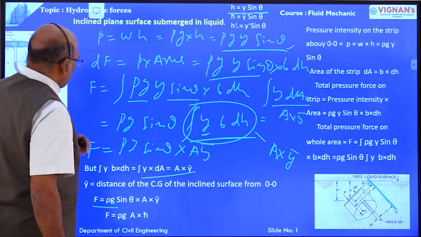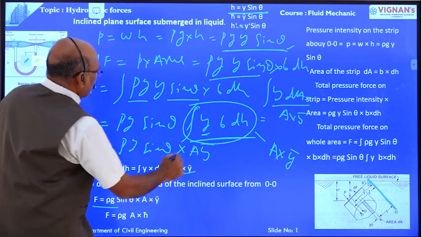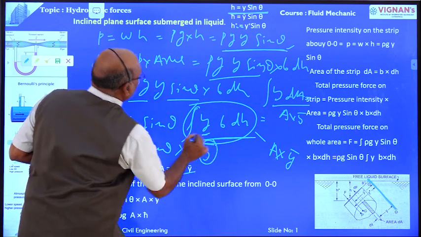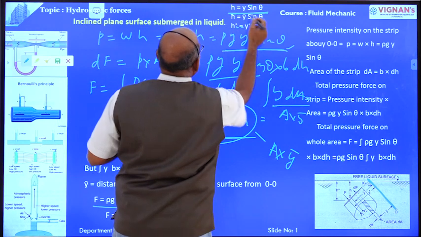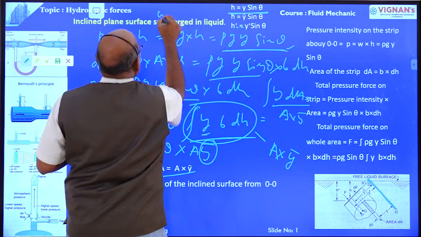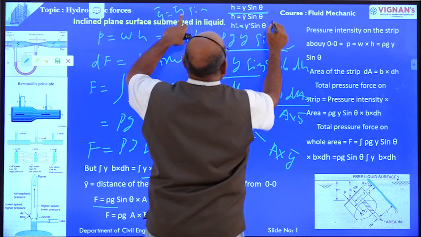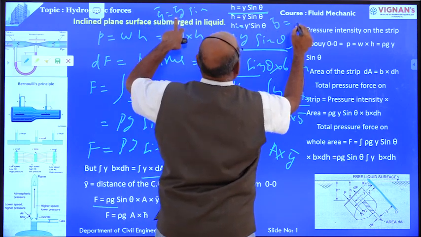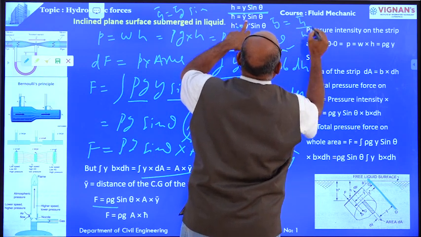Right, now F is rho g sin theta A y bar, but here y bar is also nothing but, as I have already given, h bar is equal to y bar sin theta. Y bar is equal to h bar divided by sin theta.